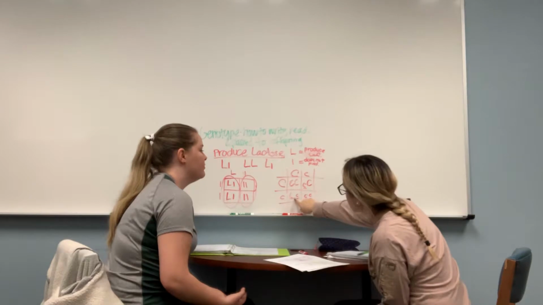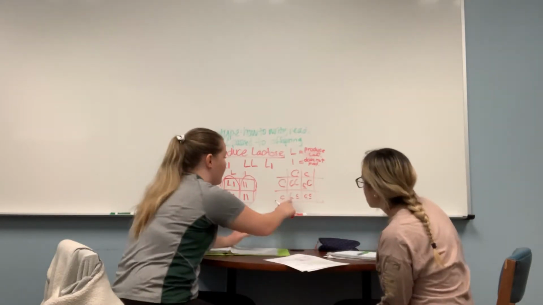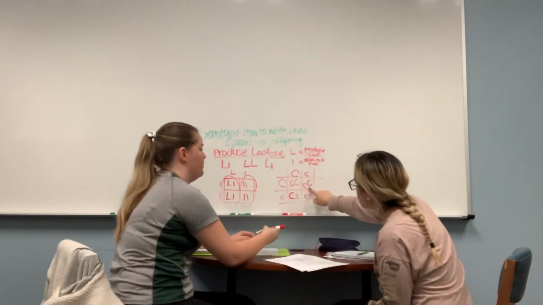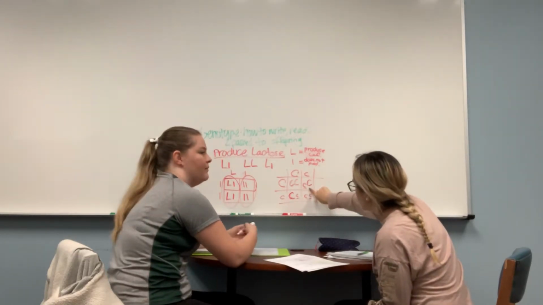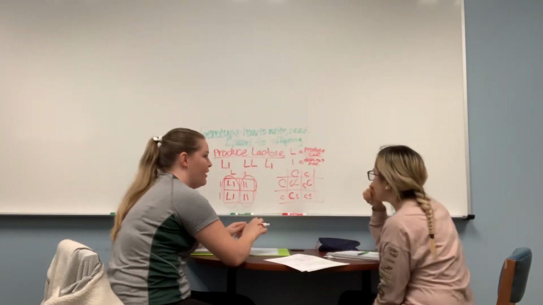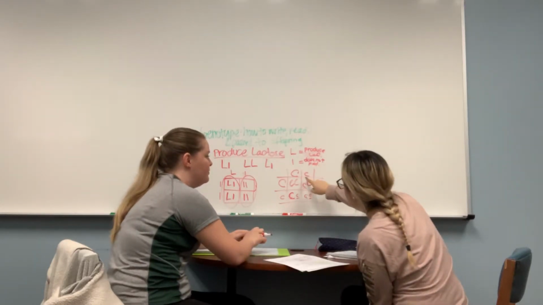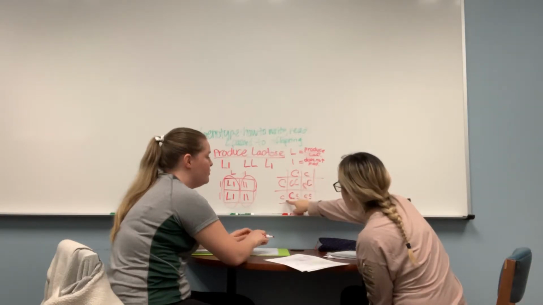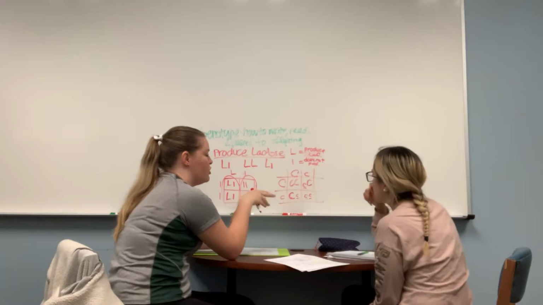Is it this one? This one? Oh, well, this one's a capital in the front, right? Yeah, no, this one's fine. Okay, so that one's good. Why is that one wrong? I wouldn't know. Is it because that goes to that? No, you have the right letters in. They're just in the wrong area.